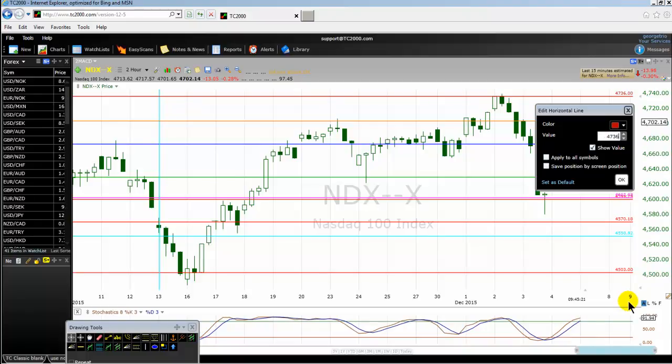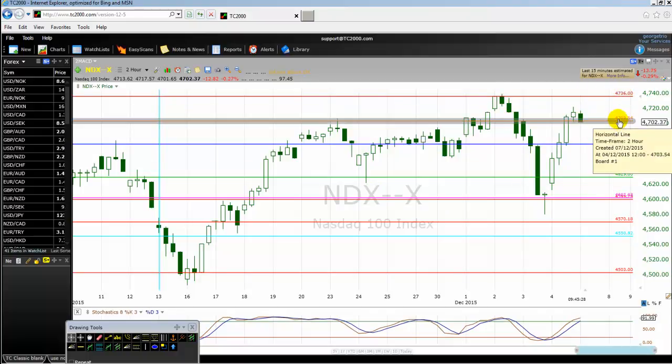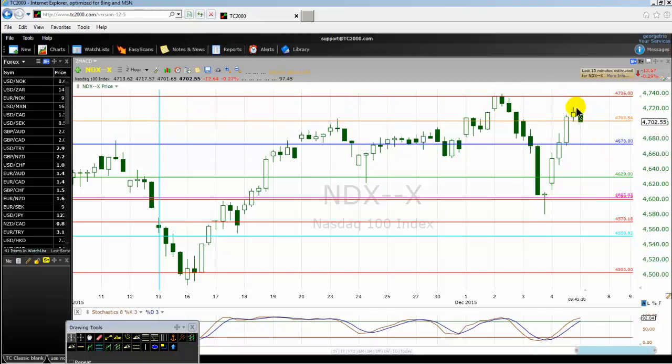Getting there, traders. I'm still here. A bit under pressure, 4736. Stop loss, entry 4703. Using 36 pips for this stop loss right there. I'm on a 2 hours chart for the Nasdaq 100.